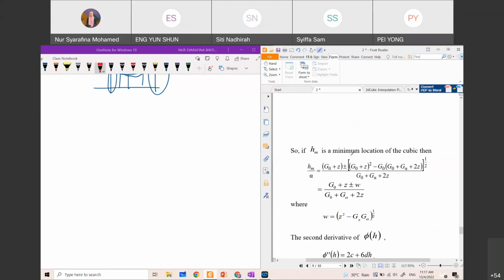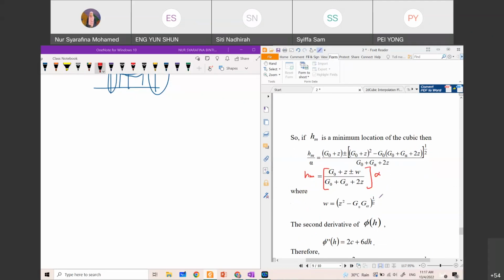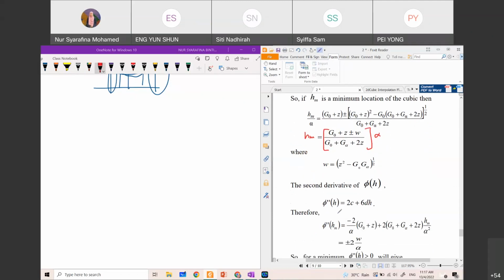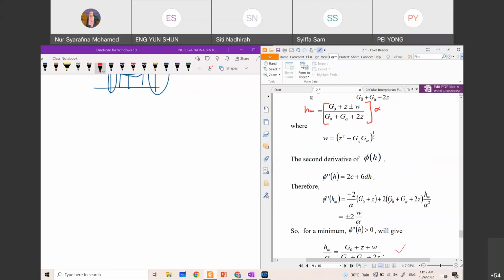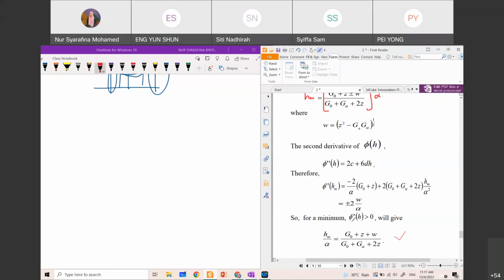If Hm is the minimum location of the cubic, then Hm over alpha is given by this, or Hm equals this times alpha, where W equals this. Then the second derivative of psi H is this. Then for minimum, psi double prime H greater than 0 will give you this.